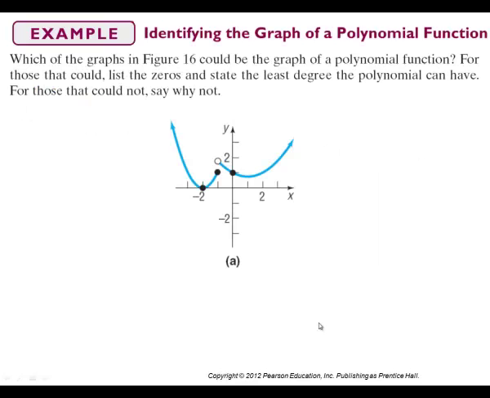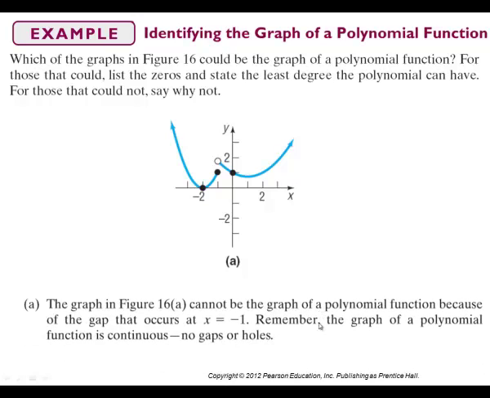Okay, which of the graphs in number 16 is a polynomial function? Could you list the zeros and state the degree? Okay, so we could say that this first one here cannot be a polynomial function because of the gap in it.